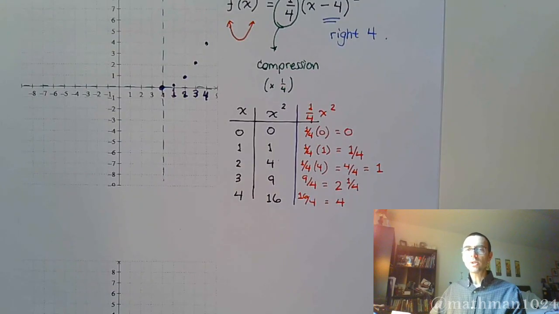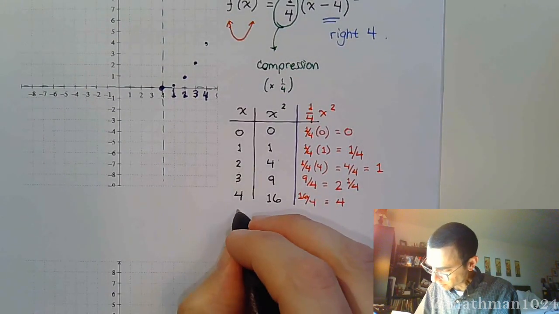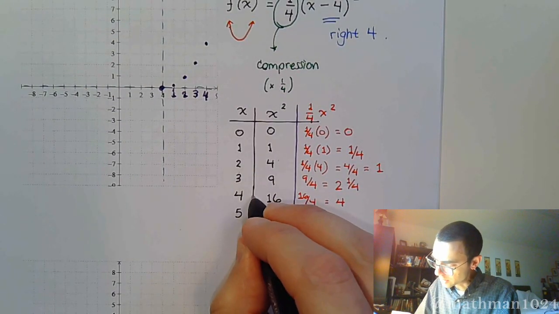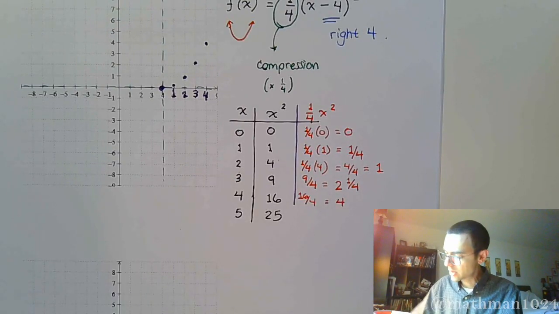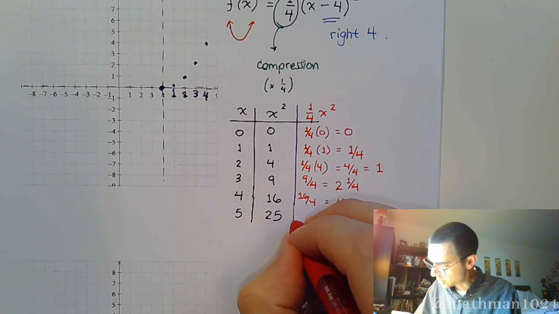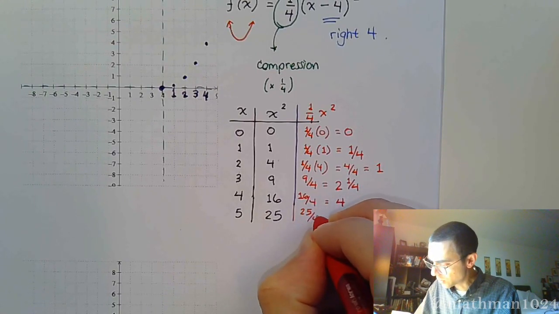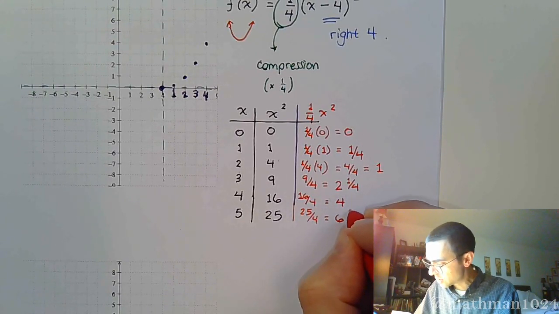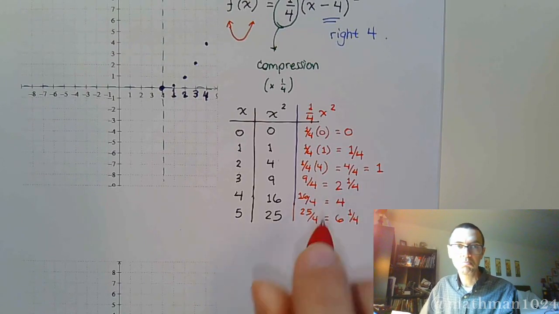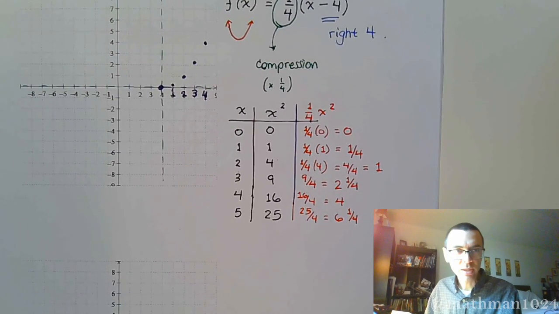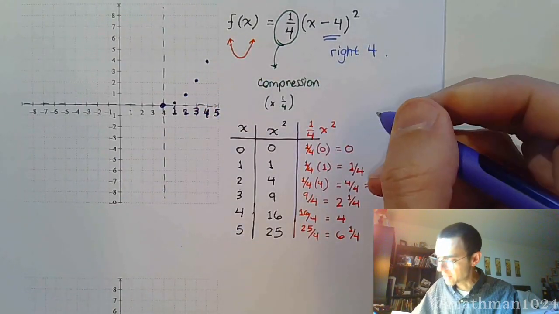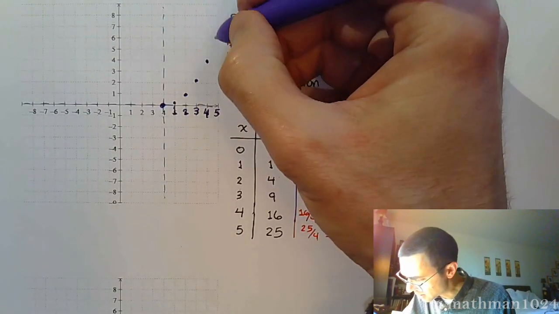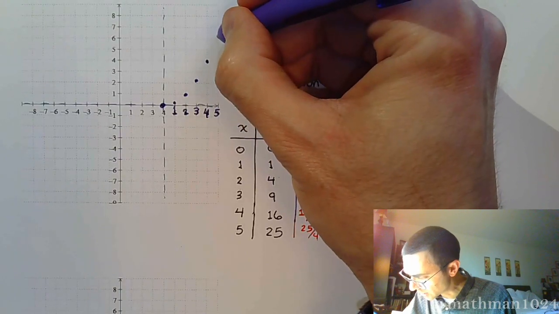We can actually go one step more here, because 5 squared gives me 25, and I can do 25 divided by 4 to get 6 1/4. So that means my next nice point is at 5, 6 1/4 like that.